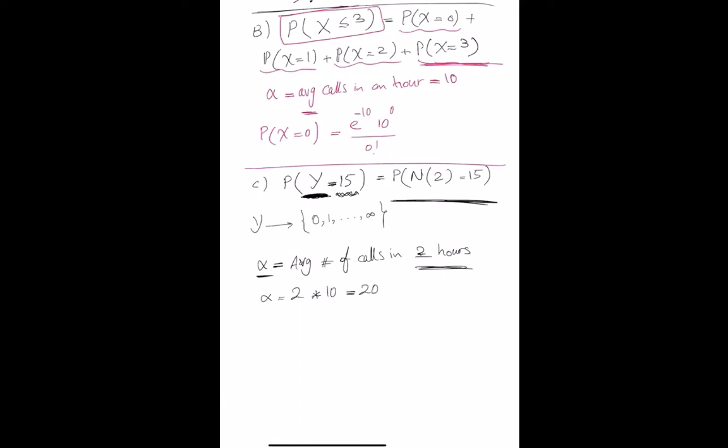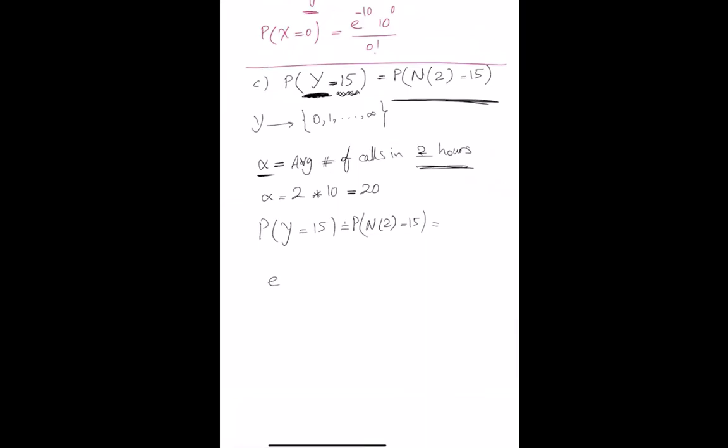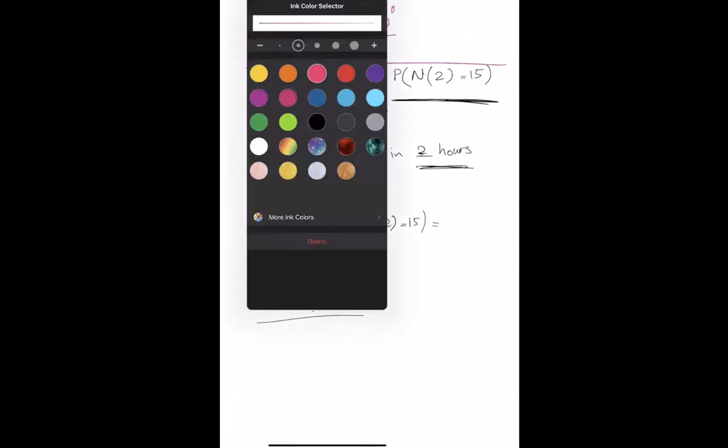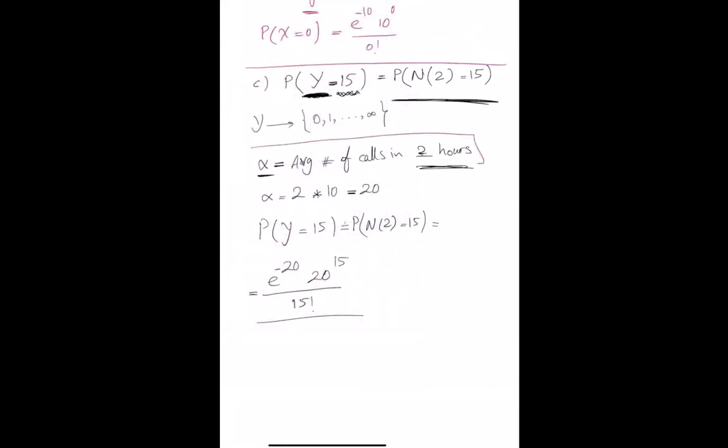And then the probability that the number of calls in 2 hours is 15 is e to the power of minus alpha, alpha to the power of x over x factorial, which is 15 factorial. That is my probability. The only thing I needed was to find alpha correctly. The rest is just plugging the numbers into the formula.